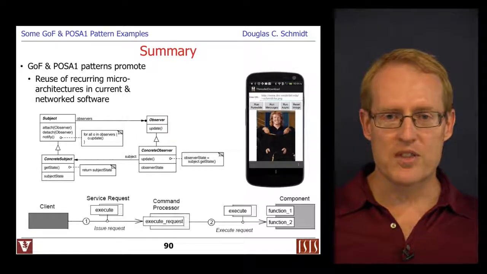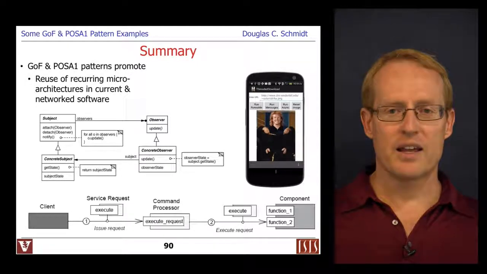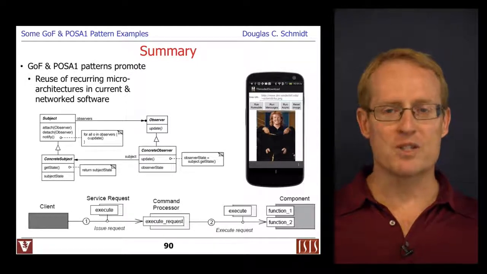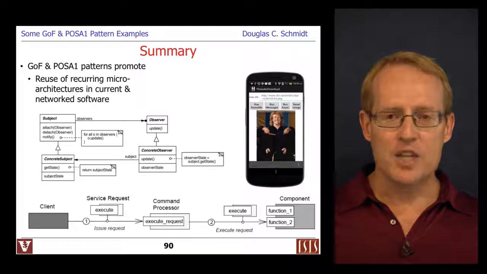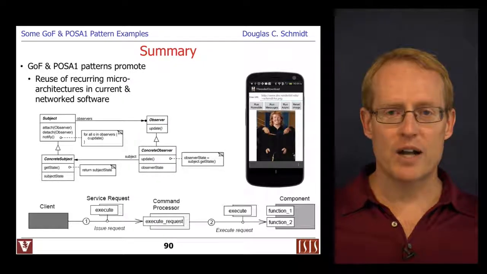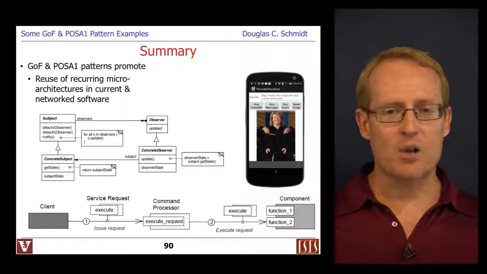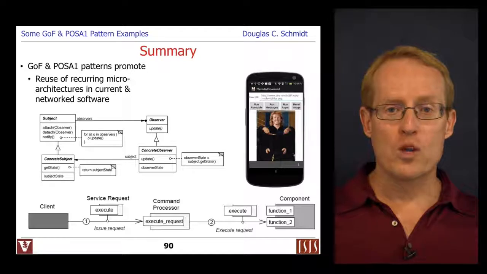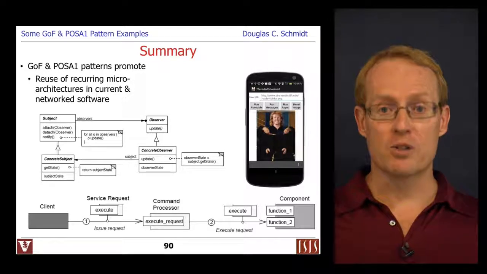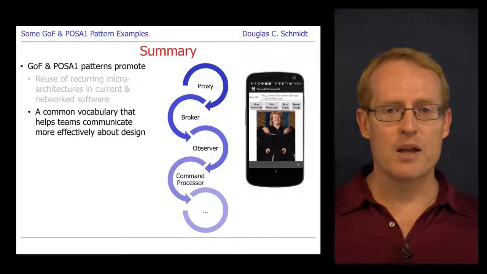We saw the use of the observer pattern to solve some low-level issues in Android systems, monitoring of status information, and so on. And these recurring architectures are very powerful to structure and document what you're doing, as well as to be able to figure out how to apply the same techniques when you build your applications or you build infrastructure that's different from the things we've been talking about, but you can still leverage the same insights.